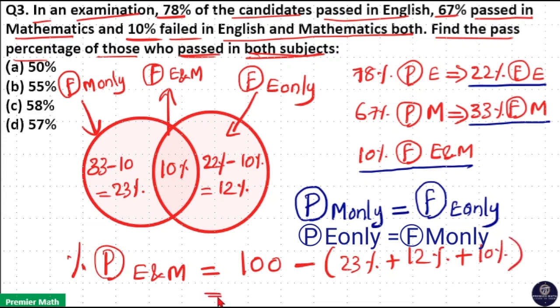Which is equal to 100 minus 45, which is equal to 55%. So, option B is your answer.